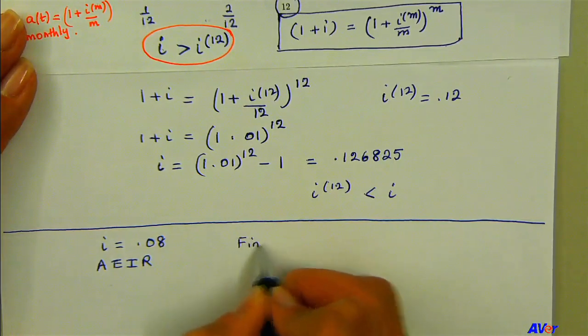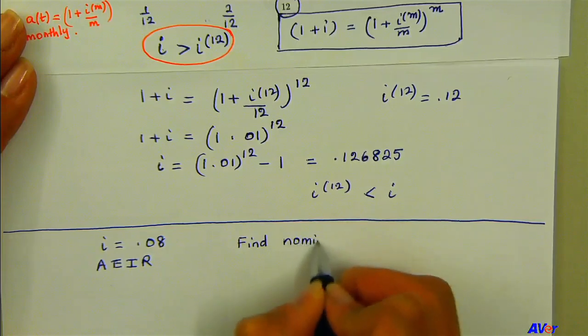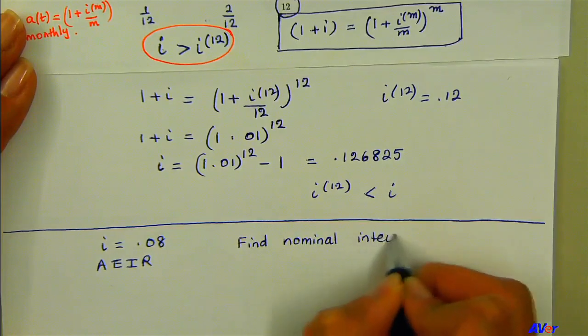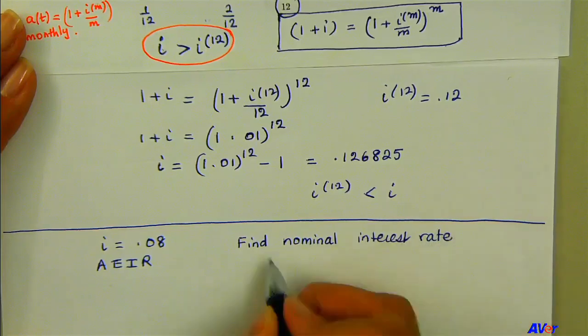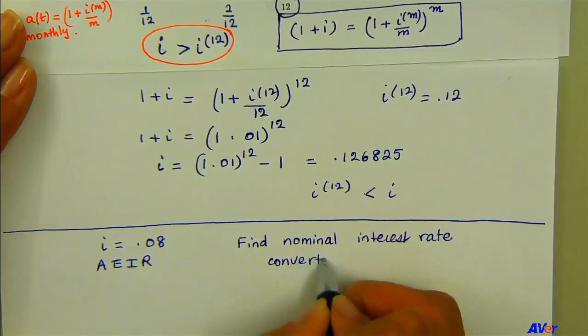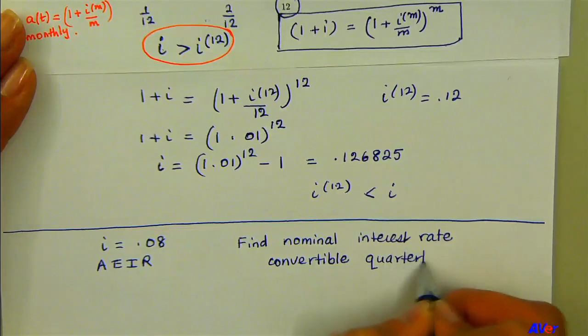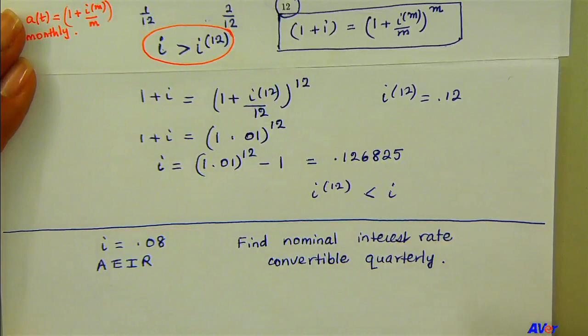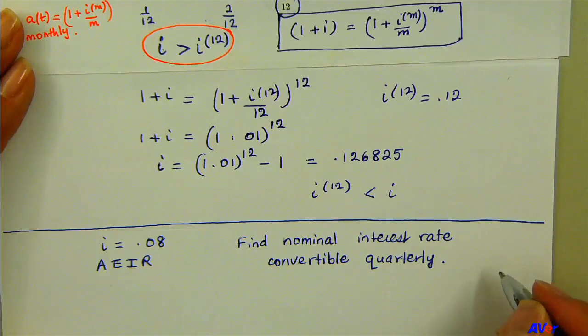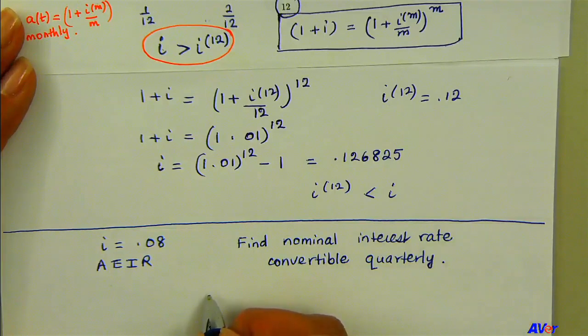Find the nominal interest rate convertible quarterly. Four times a year I want you to compound. What's the equation, please? Can you give me an equation that I need to solve?